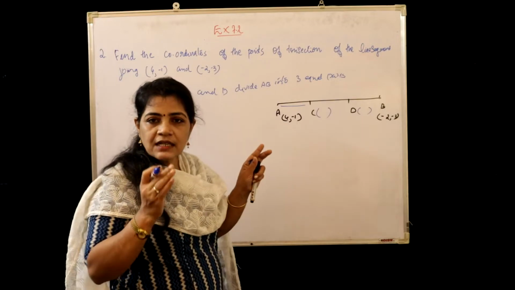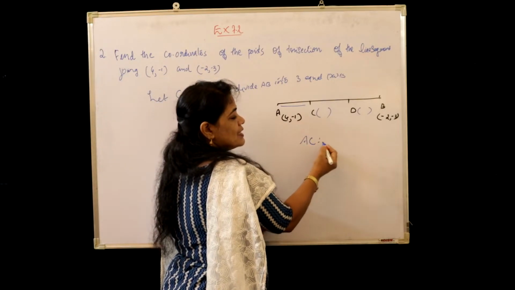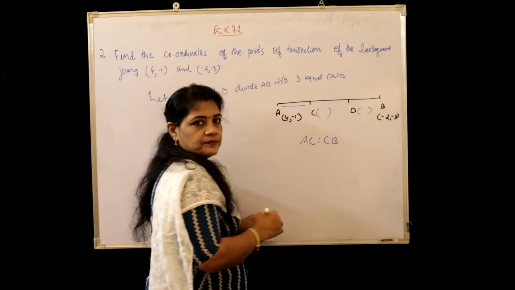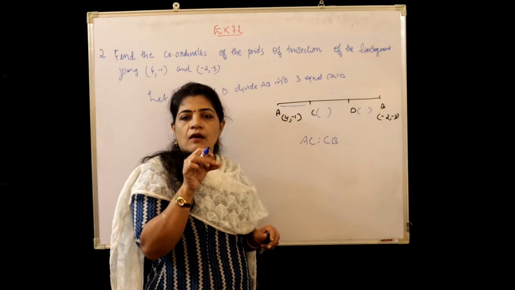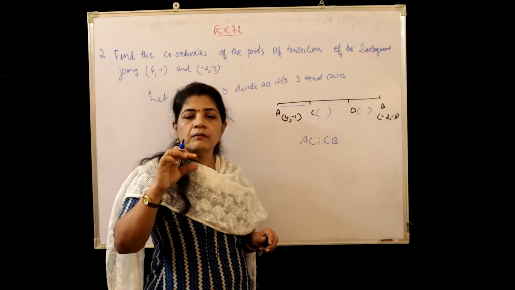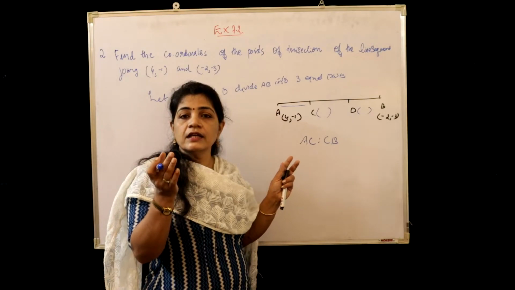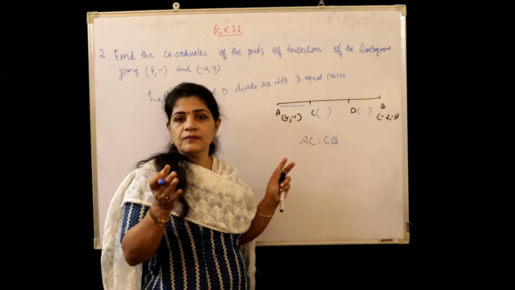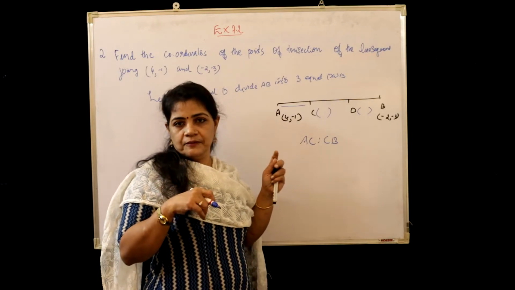If you consider AC and CB, after dividing AB by the point C, AB is divided into 2 parts, not equal, AC and CB.